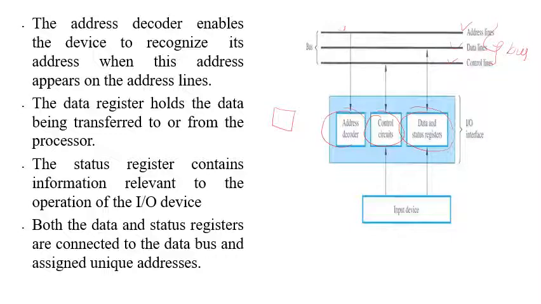As soon as this address, for example 0x200, is present in the address bus, it means that either the data has to be stored in this address or retrieved from this address. That will be indicated by the control circuits, in the control signal. The data register holds the data to be transferred to and from the processor.